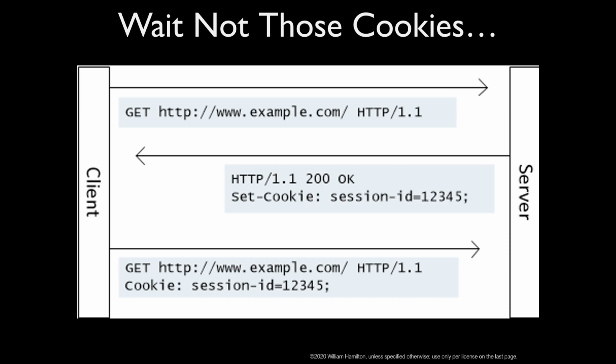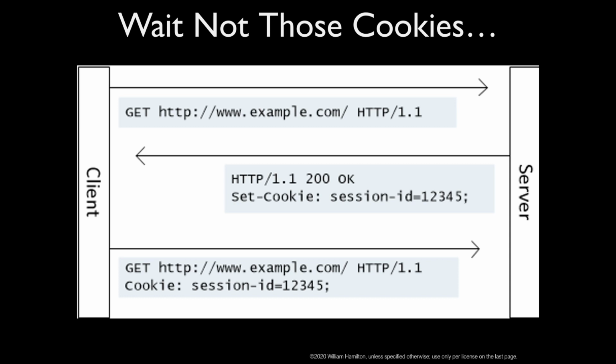Okay. Basically, what ends up happening is whenever I connect to a web server for the first time, I just send a GET request, and the server will see this and notice that I'm not identified.